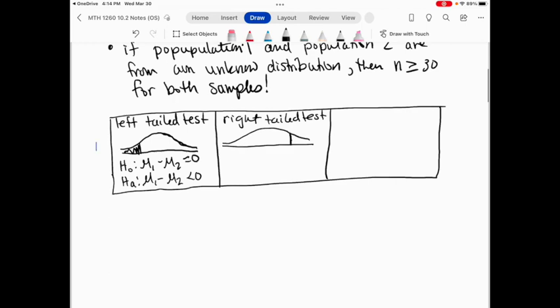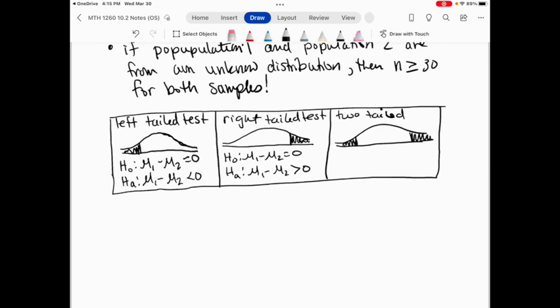If it's a right-tailed test, and we have a picture that looks like this, then the null hypothesis is going to be mu1 minus mu2 is equal to 0. And the alternative hypothesis is that mu1 minus mu2 is greater than 0.